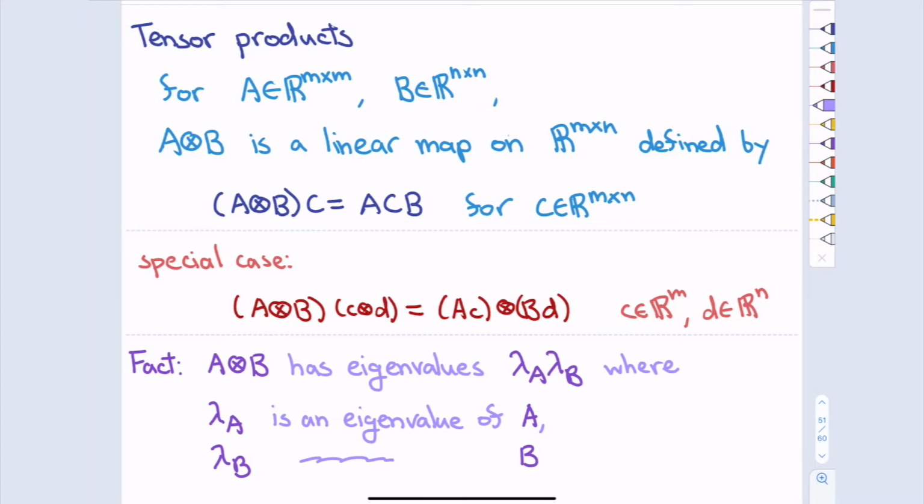So if you're given some A and B, where A is an m by n matrix, and B is an n by n matrix, then A tensor B becomes a linear map on R^(m by n), defined like this.